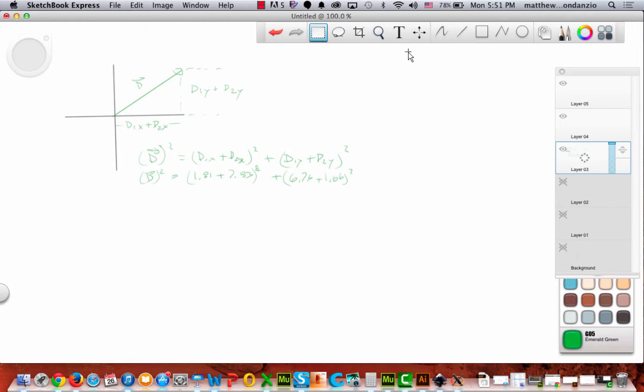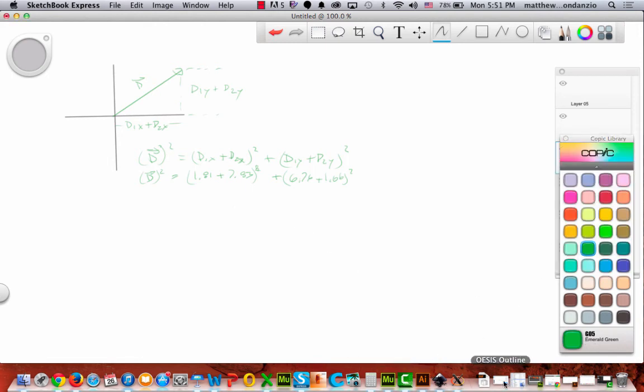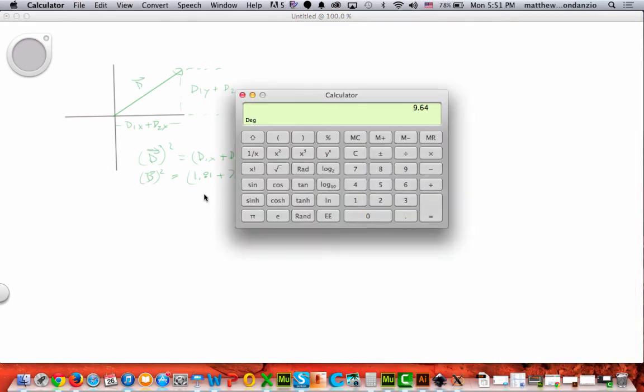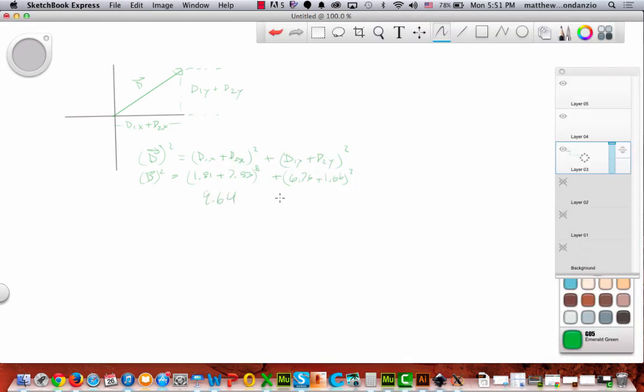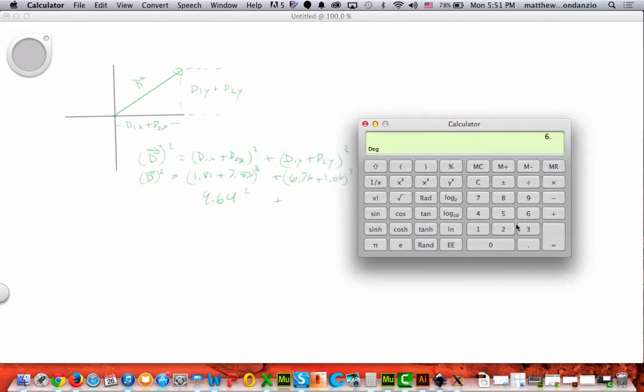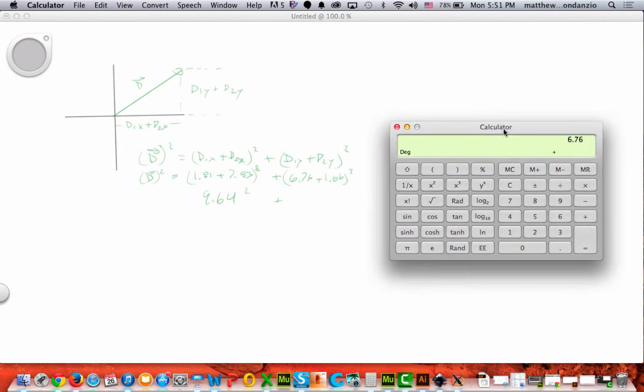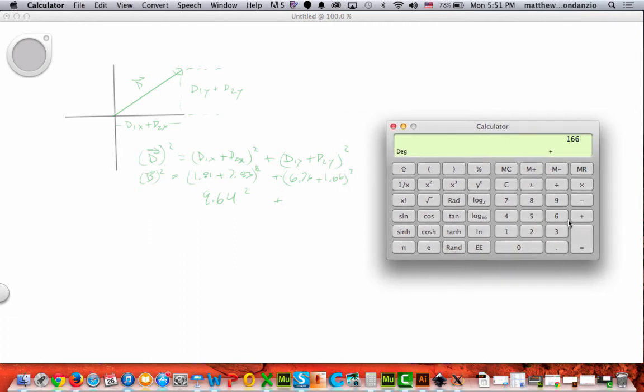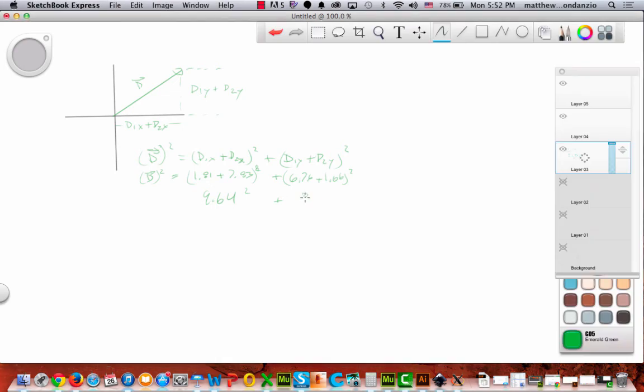Okay, so if we go back to my calculator, 1.81 plus 7.83 is 9.64, so it's 9.64 squared, plus 6.76 plus 1.66, which is 8.42, squared, right?